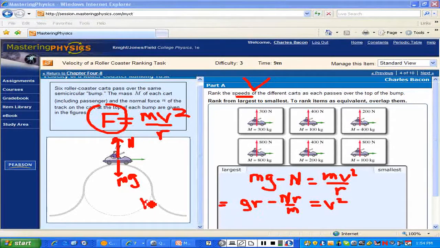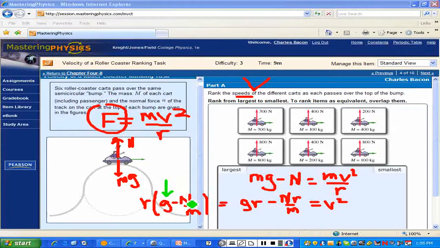I'm going to put the r over here, and then write parentheses g minus n over m. Now we know what g is. g is 9.8.